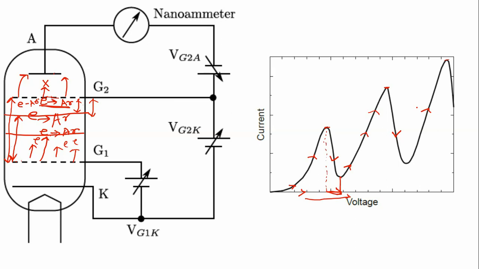It is just because as you keep on increasing this voltage, that is Vg2k, the thing that will be interesting is that at a much smaller distance, electrons gain the energy that can be given to the argon to excite it to its first excited state.